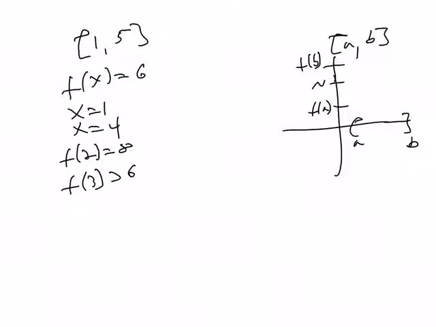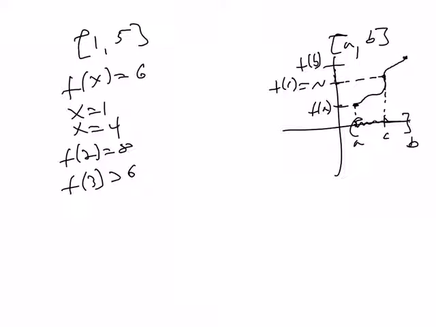Then there exists a number c inside a, b such that n is equal to f of c. The reason is that the function starts over here and ends over here, and no matter how you draw it, if it's continuous, there will always be a point over here that's going to be c.